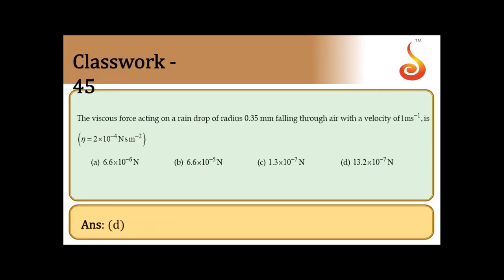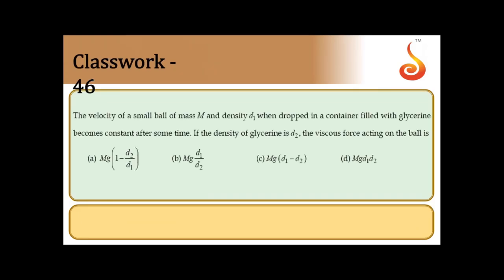Next we shall move on to next one. The velocity of a small ball of mass m and density d1 when dropped in a container filled with glycerine becomes constant after some time. If density of glycerine is d2, viscous force acting on the ball is. So viscous force acting should be equal to resultant of weight and buoyancy.